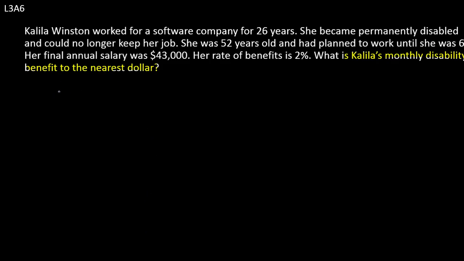So I don't have an equation for monthly disability, but I do have one for annual disability. So I'm going to write that down.